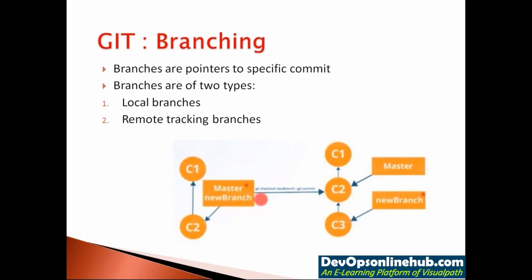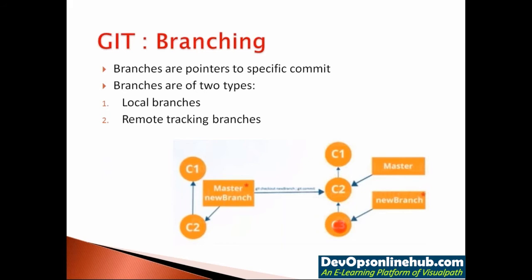Again, I have created a new branch. The changes C2 refer to the master branch, and suppose I have again committed changes in the new branch. So I am currently in the new branch and I have committed this. So the new branch is pointing to the latest commit, that is C3. Simply, it is a pointer to a specific commit.